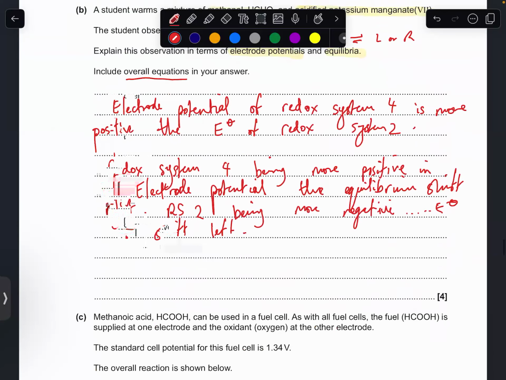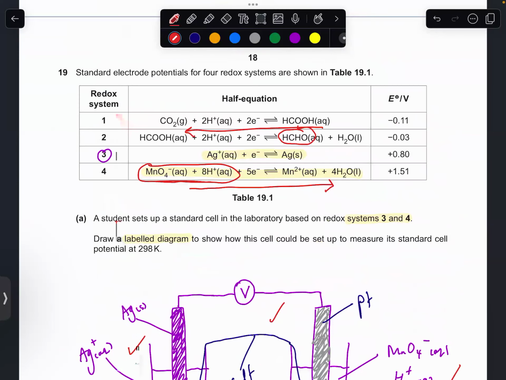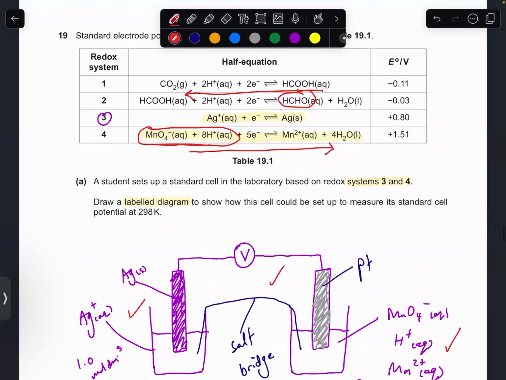And so let's look at the overall equation for that. You got methanal and water. Can you see, ladies and gentlemen, you've got 2 electrons here and 5 electrons here. So to balance these equations in terms of electrons, we're going to need to times this by 5 and multiply this by 2 to balance the electrons.